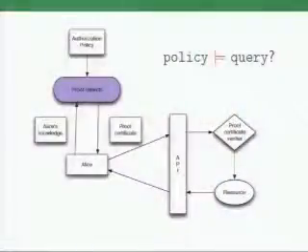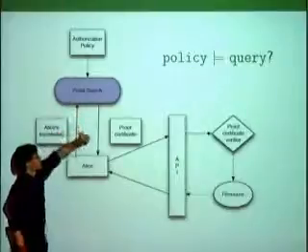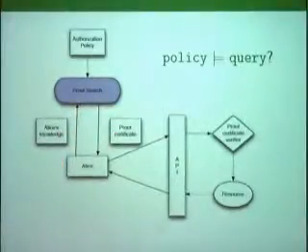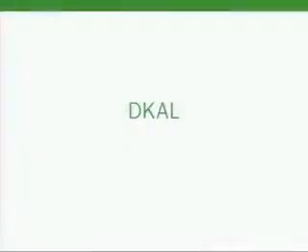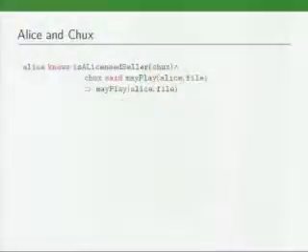So what this work is about is what kind of policies we can write. How do we search for proofs in whether a policy proves a query? So as a motivating example, I'm going to use DKAL, which is an interesting example that Nikolai pointed out to me when we were at a conference last month.